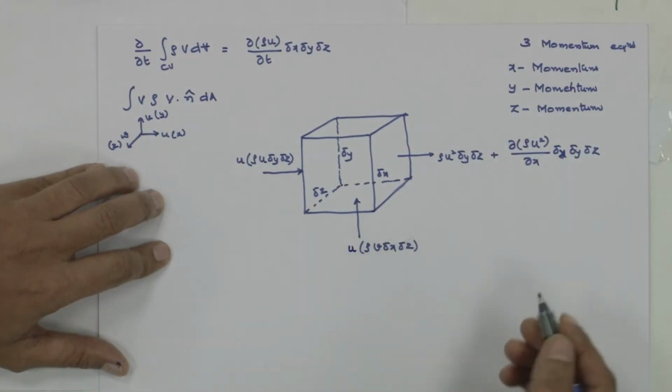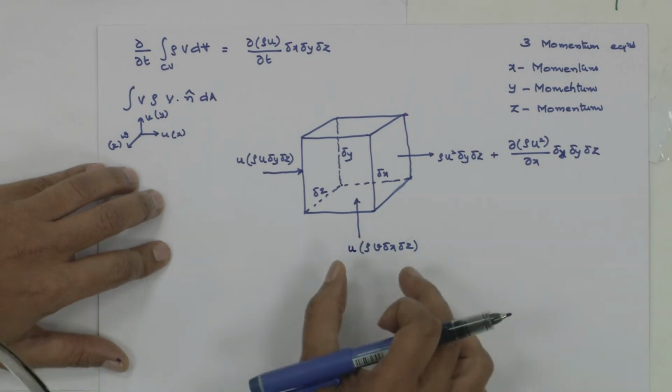But remember, what is it that we are bookkeeping? We are bookkeeping the momentum in the x direction. So, the mass flow rate is in the y direction. It is like a jet going from bottom to top. But how much that jet gets deflected because of the velocity in the x direction? Because that is the one which is going to contribute to the x momentum. So, that is why it is going to be u into rho v delta x delta z.